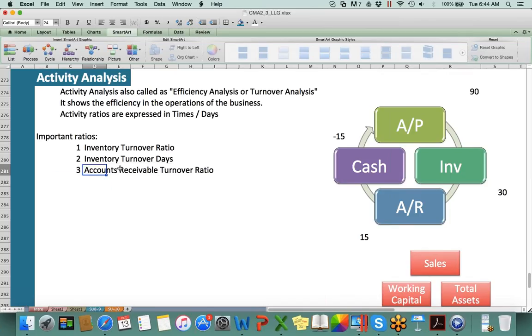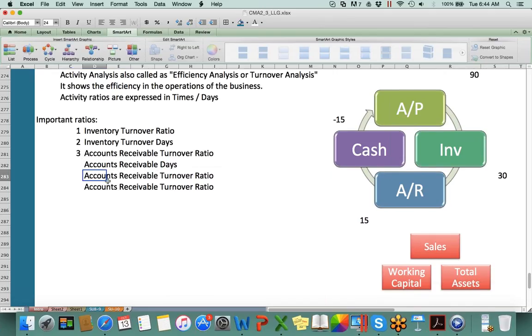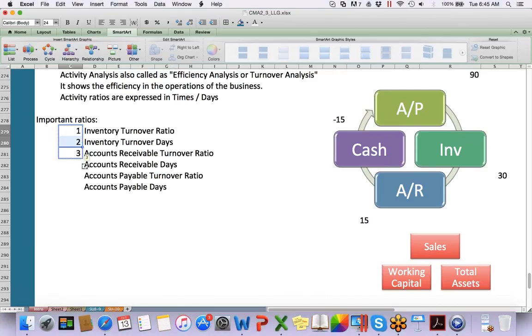Accounts receivable days, how many days the accounts receivable is converted into cash. Then accounts payable turnover ratio. Accounts payable days. Please remember, these ratios are very important, and many times they were asked even in essay questions.